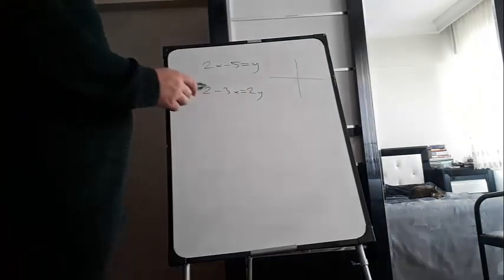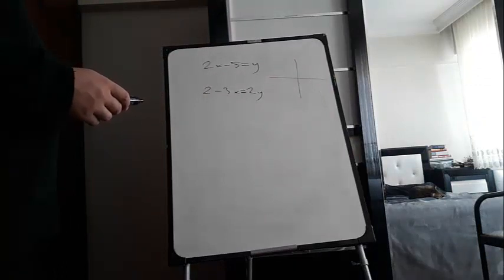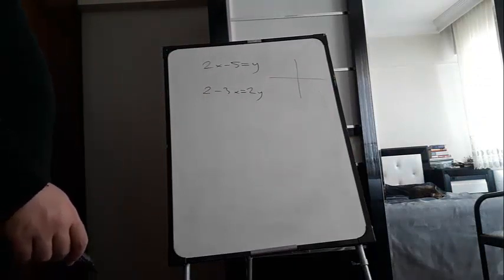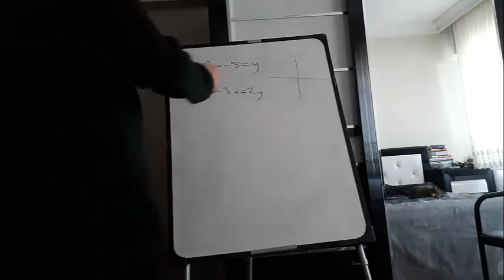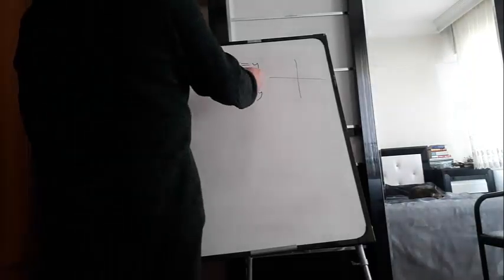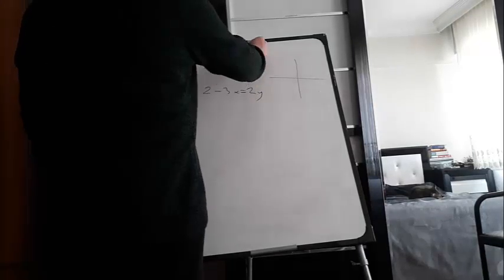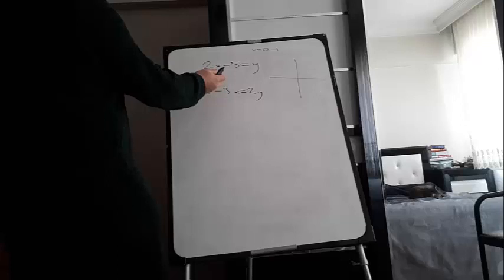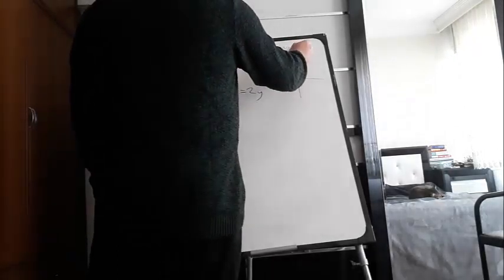When we have the equation of the line, we can easily sketch it on the coordinate axis. We give x 0, then y comes minus 5.